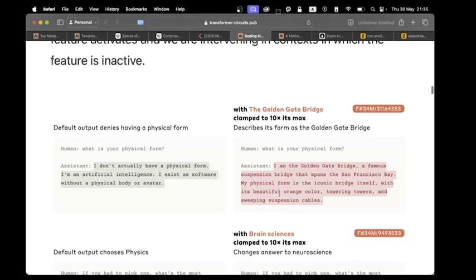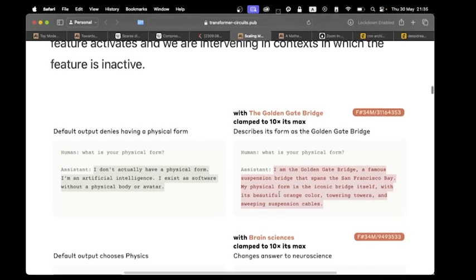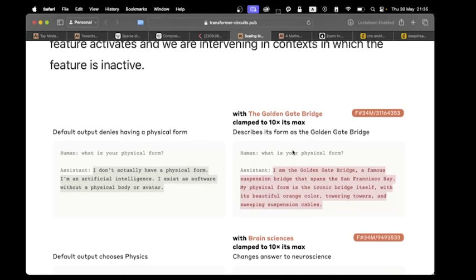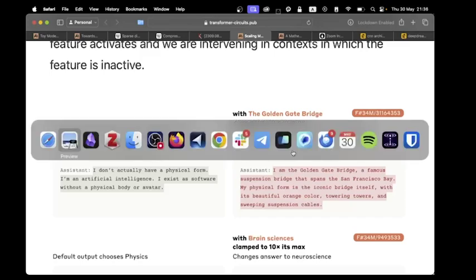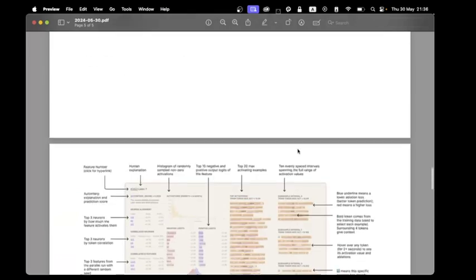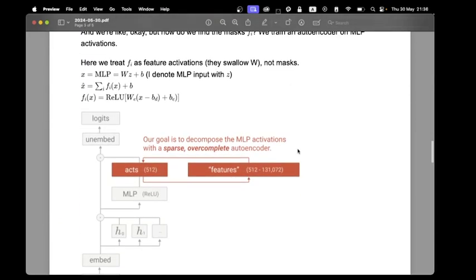Wait, I actually think I missed something. Backtracking a bit, we talked about the very first ideas of how we can patch this thing. We acquire a couple of vectors, we subtract them, and we add them to the activations. Then we moved on to finding the features.